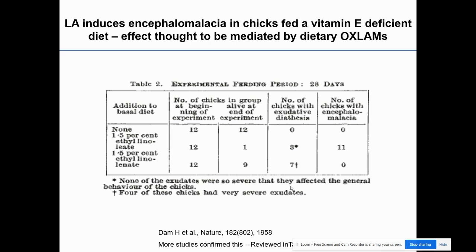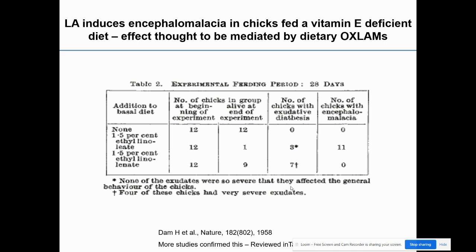But back in the 50s, Dam and colleagues found that LA induces encephalomalacia in chicks fed a vitamin E deficient diet. What they did was simply add LA to the diet of chicks. They removed vitamin E, and when they removed the vitamin E, they found significant neurological problems, characterized by neurodegeneration and ataxia, so imbalance basically, and some actually died.